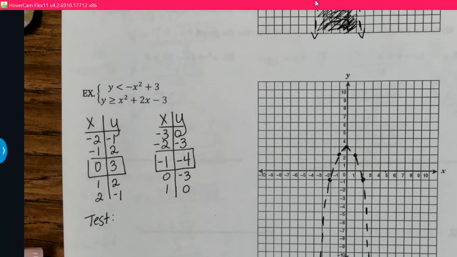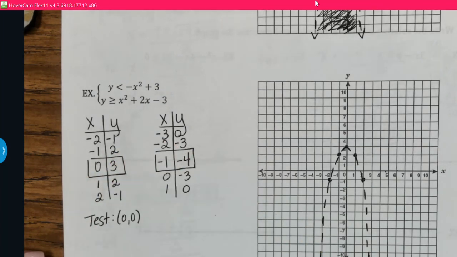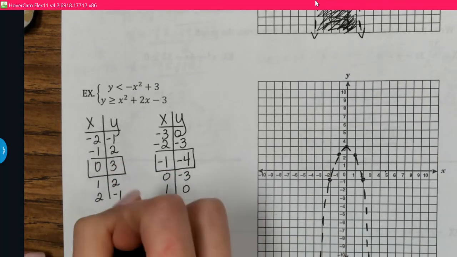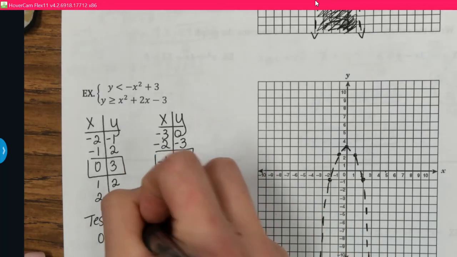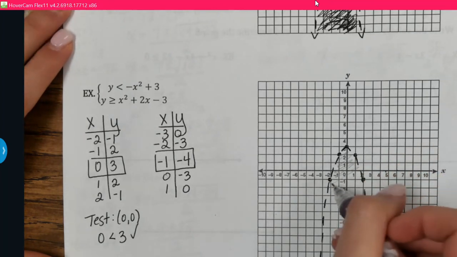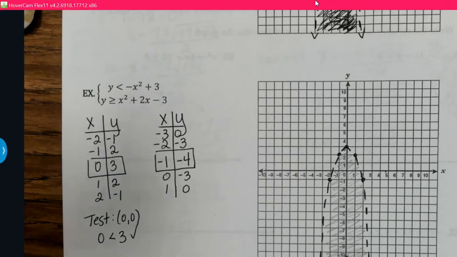So again, I'm going to use 0, 0. So that would make it 0 is less than 3. Y'all see how I'm getting that? Okay. So is 0 less than 3? Yes. So I'm going to shade where that 0, 0 is. So that section is also inside the parabola.